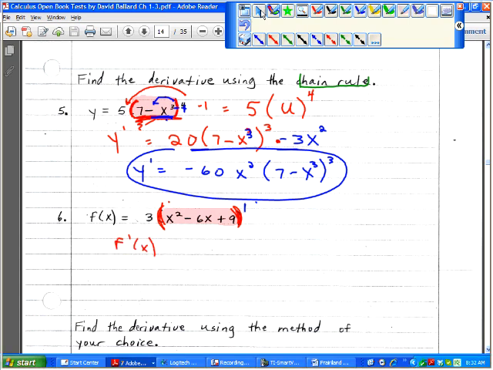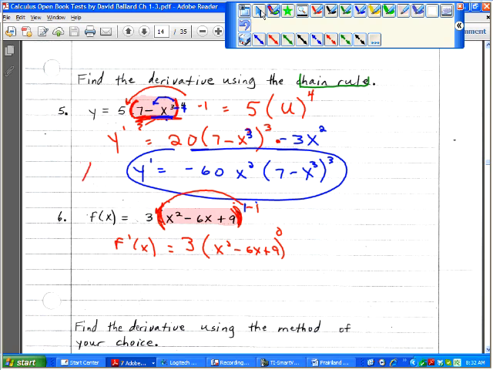So f prime of x would be equal to, well, if we just use the wrapper, then we've got exponent times coefficient 3 times what's inside the wrapper raised to an exponent of 1 less, which is 0. Now, what is that?